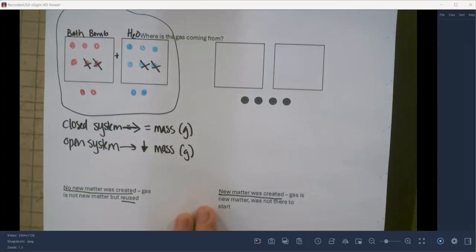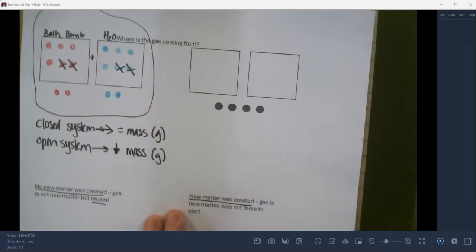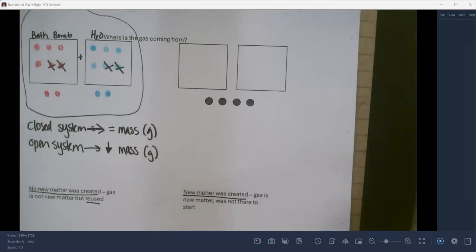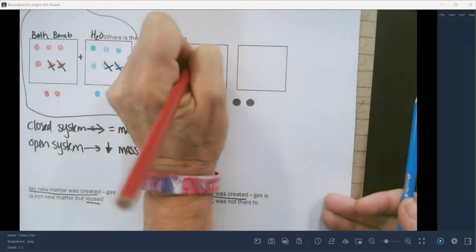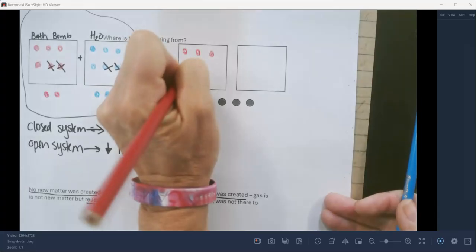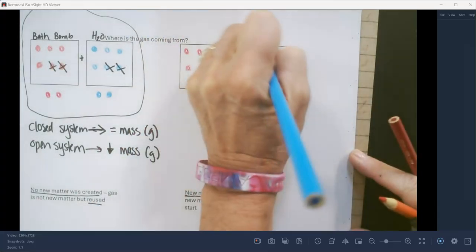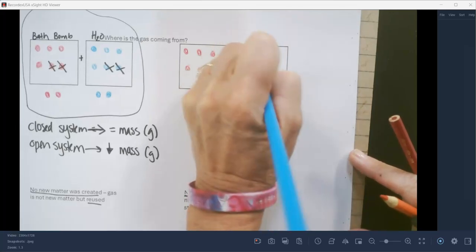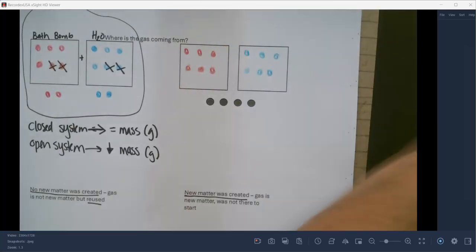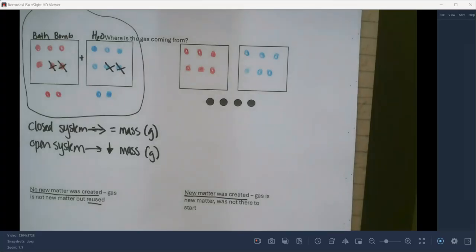Now, if on the other hand, we had one where new matter was created, we're going to start with the same thing. So we still have our bath bomb, so we're going to do our dots on this, and we still have our water, just like before. But this time, we are saying something new was formed.